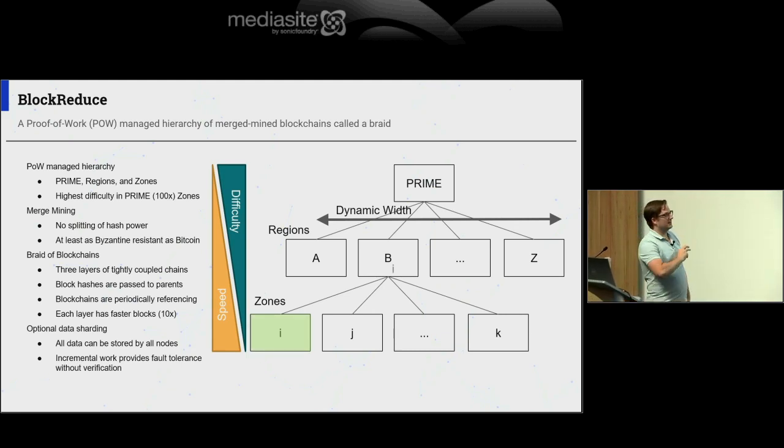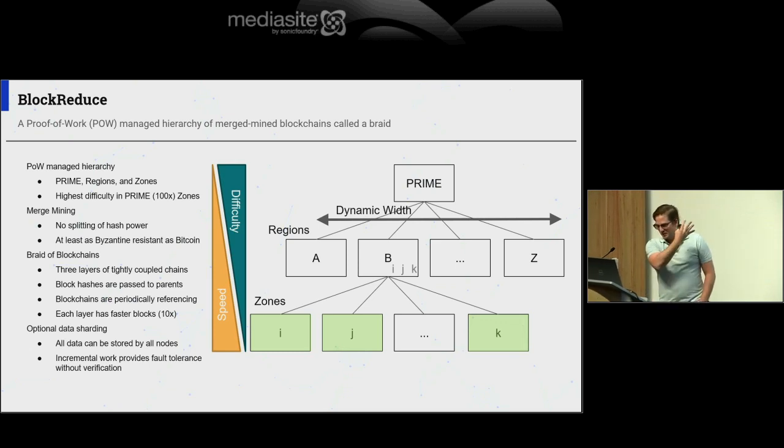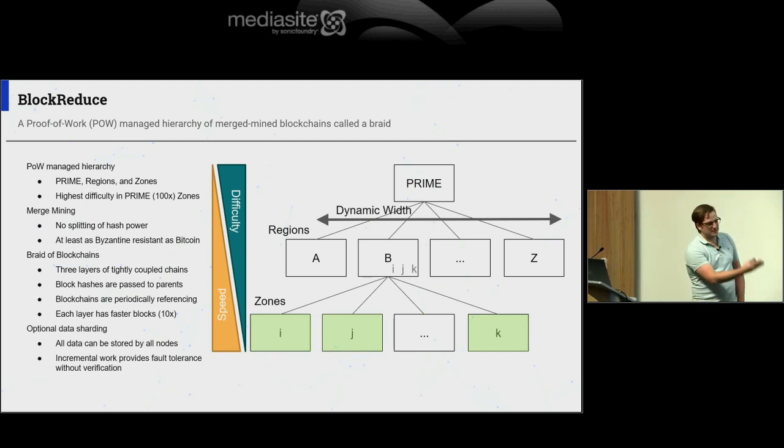So just to give a diagrammatic feel for this, a zone finds a block. That block hash then gets pushed up into the regions. The other zones find their blocks. This is all happening asynchronously, but, for the sake of my cartoonish presentation, there it is.